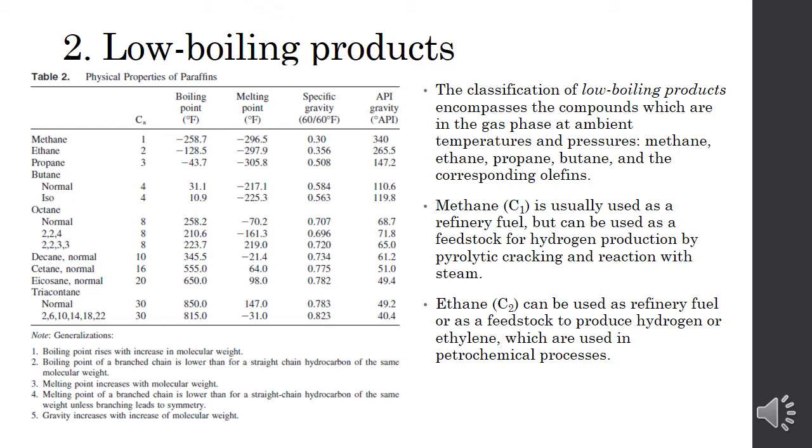Ethylene and hydrogen are sometimes recovered in the refinery and sold to petrochemical plants. Table 2 presents physical properties of paraffins in crude oil.